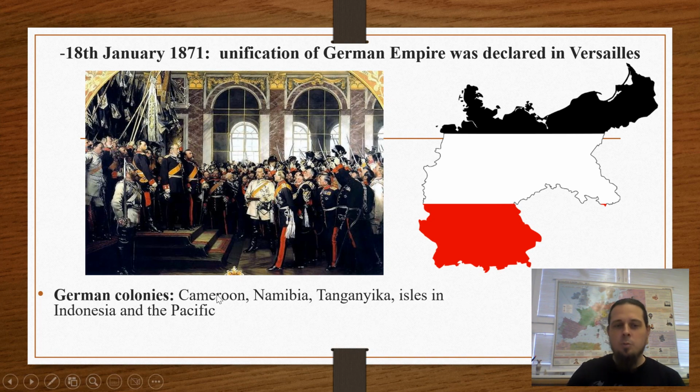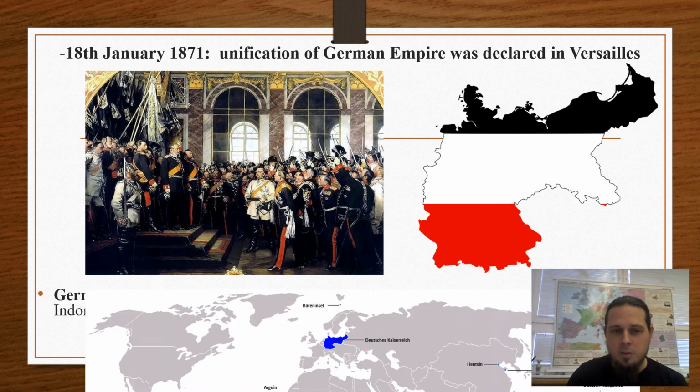And Germans, while defeating France, had enough time to occupy Cameroon, Namibia, Tanganyika, several islands near Indonesia like Papua New Guinea, and in the Pacific Ocean the Solomon Islands, which were called for a while the Bismarck Islands, later taken over by the Japanese, and since the Germans had no chance to take them back, the Americans took them from the Japanese.